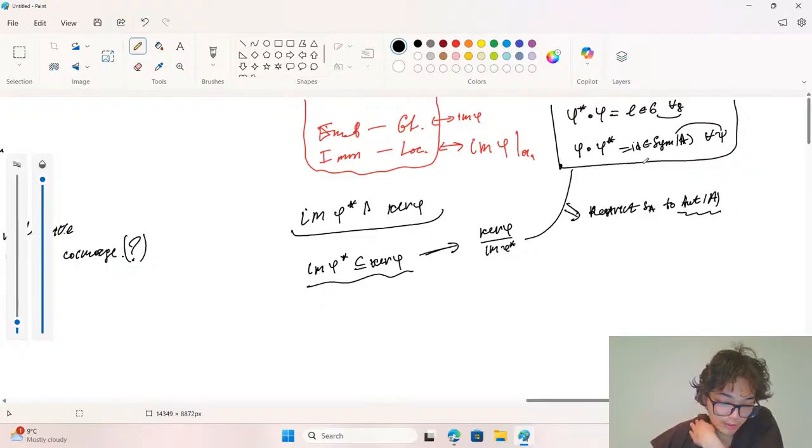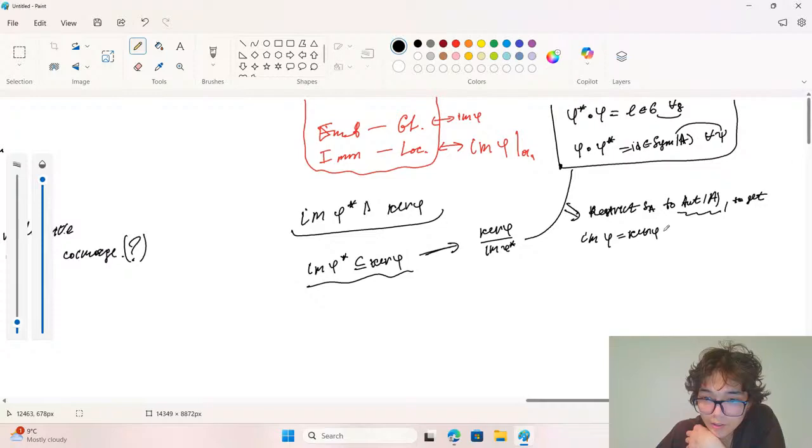But let me continue still, to automorphisms of A, in order to get the image of phi equal to the kernel of phi star, or vice versa, the image of phi star equal to the kernel of phi.